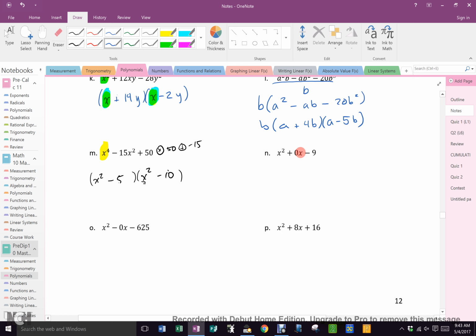So I leave the 0 in there because this looks like what you know, right? To do this question, you know I need to multiply to negative 9 and add to 0. So what is it? What are the factors of 9? 1 and 9 and 3 and 3, right? So x plus 3, x minus 3, correct? 3 minus 3, 3 times 3, 9.